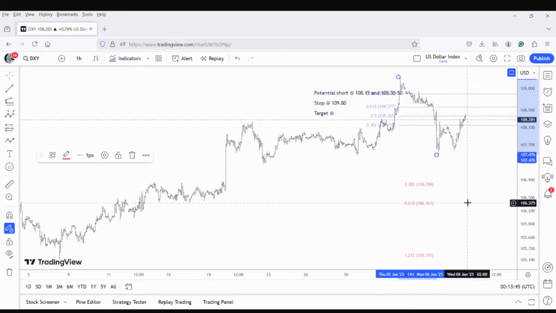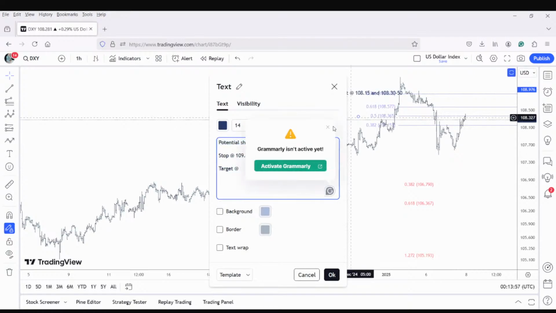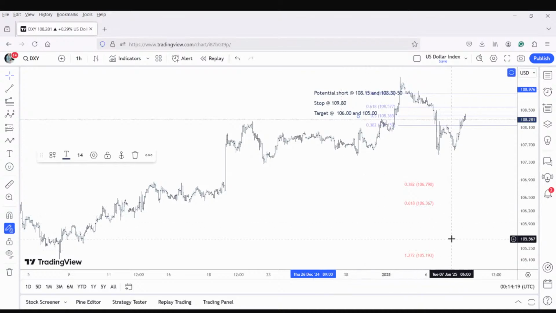It's around 106 and 105. So those targets are for the short-term traders, and it's still quite meaningful, right? From 108.30 average shorts, if you can carry on through the 105 levels.